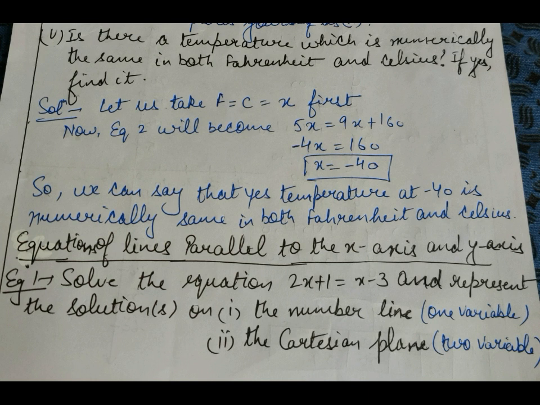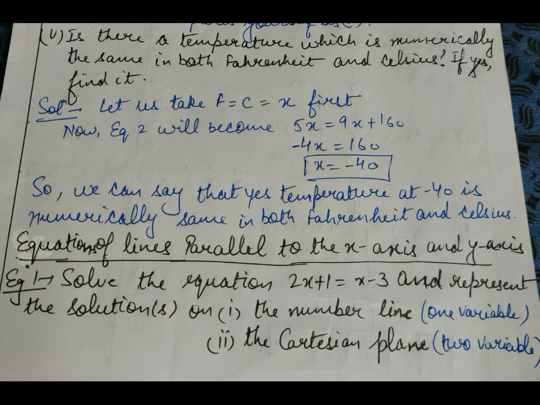Equation number 2 will become 5x is equal to 9x plus 160. After solving it, we get a value of x, that is minus 40. So we can say that yes, the temperature at minus 40 is numerically the same in both Fahrenheit and Celsius.